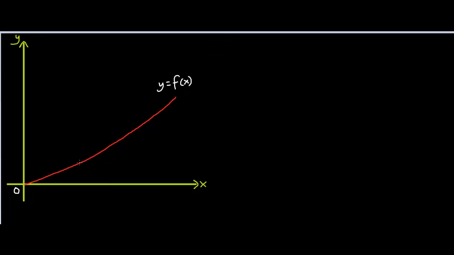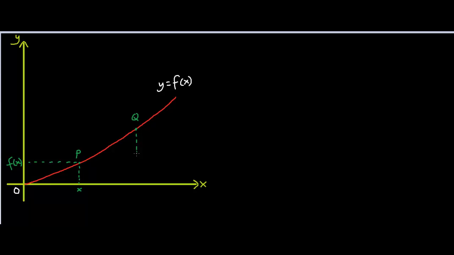Okay, let's put a point P on this curve once again. And let's give it the coordinates x, f(x). Let's put a point Q on this curve as well.